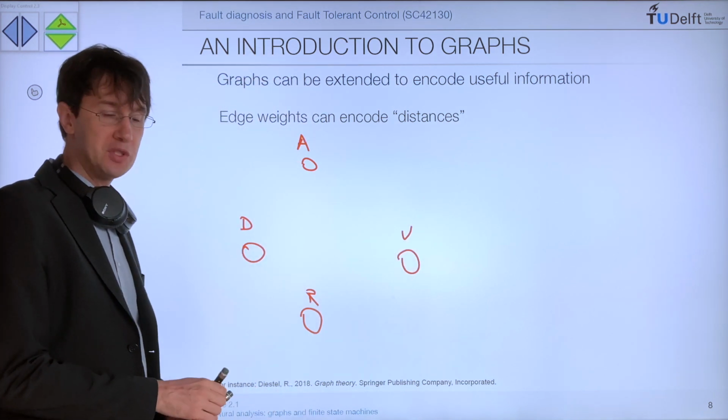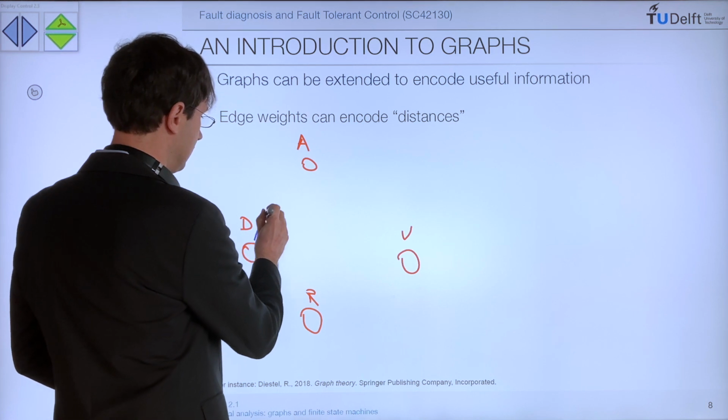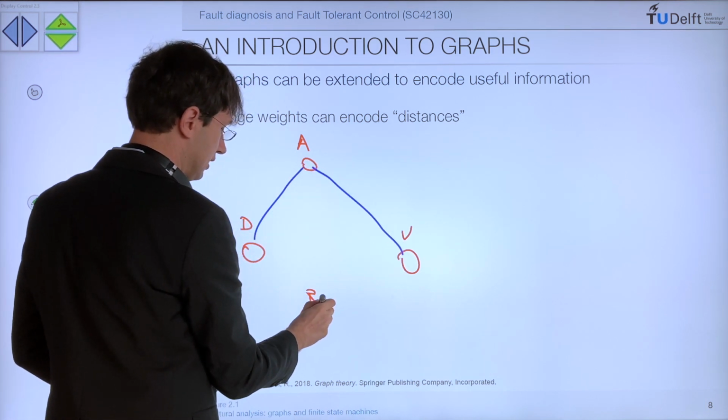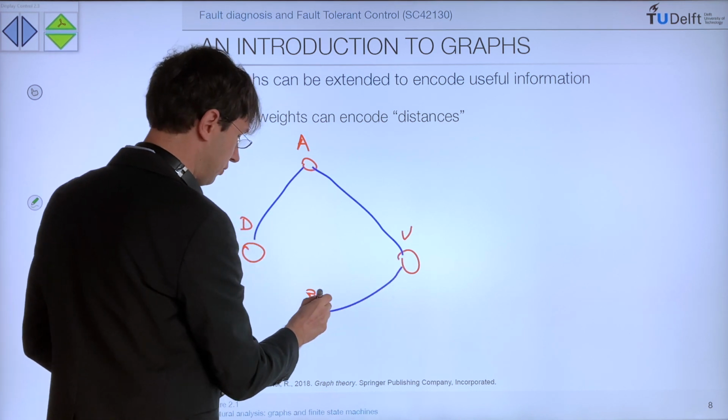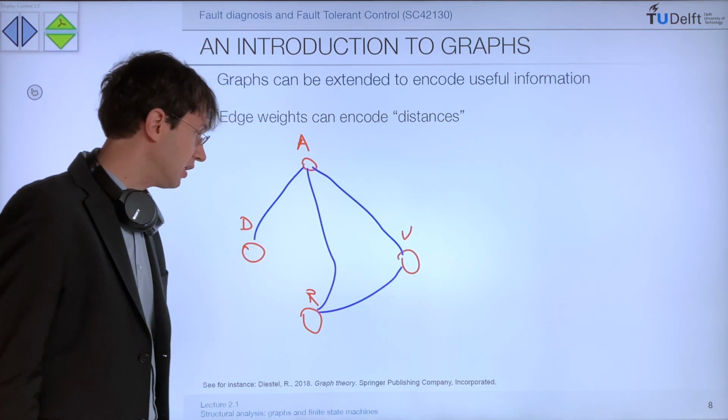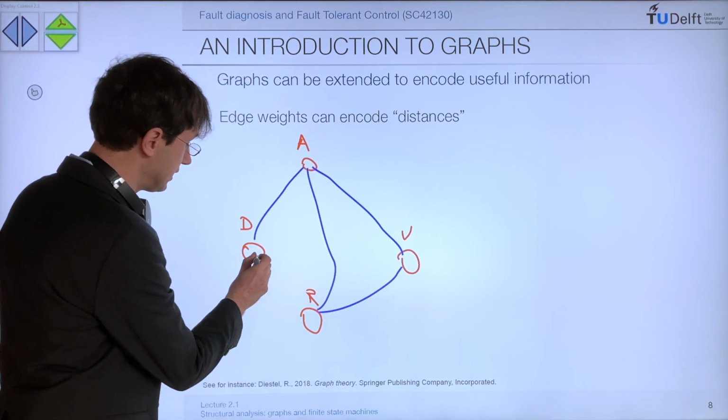And then we draw edges, and that shouldn't come as a surprise. Now I'm making up, I'm not sure about which roads are present or not in reality, but these edges describe roads that connect these cities.